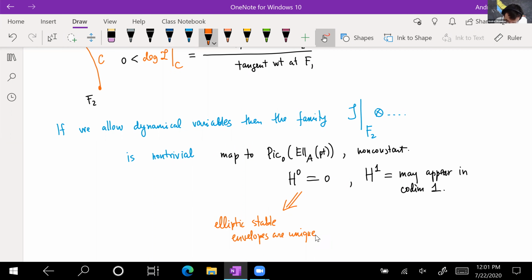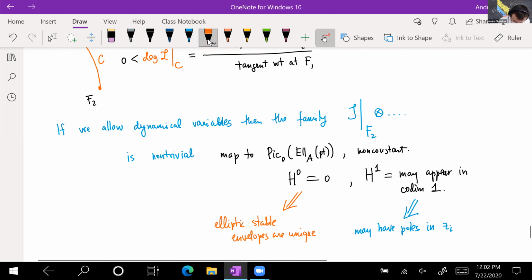And what does it mean that H1 can appear in codimension 1? They may not exist on some subvarieties of codimension 1. This means they may have poles in the variables z_i and h bar.